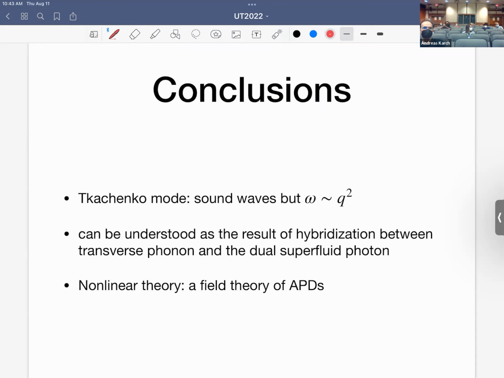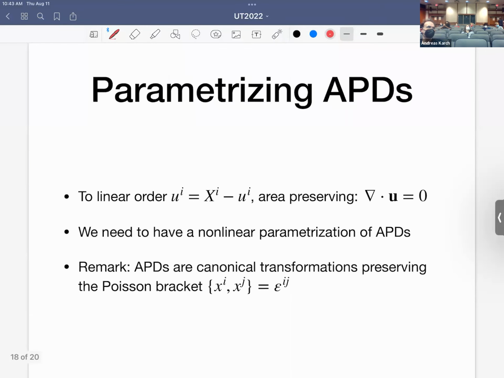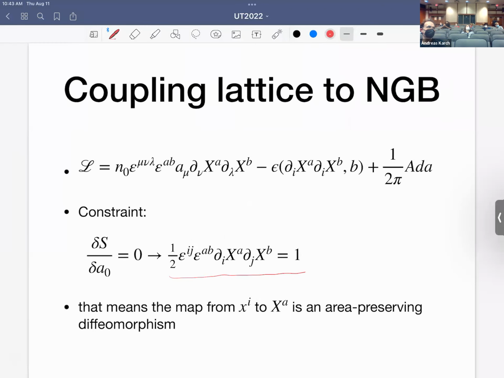The U itself. The more nonlinear version of this makes it very clear. X can be X. This X has to be a smooth function of small x, but it doesn't have to be anything related to small x.